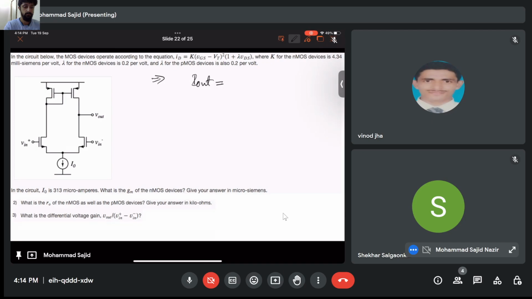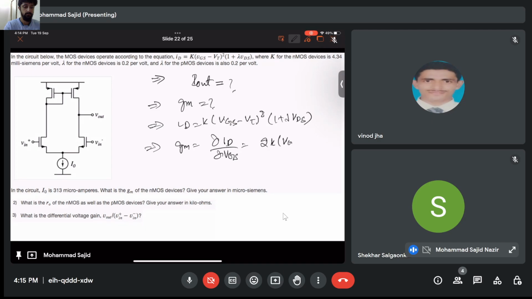Okay, first let's take the first question. What is the GM? ID is K times VGS minus VT whole square times 1 plus lambda VDS. Okay, so your GM is dID by dVGS. So that will be 2 times K times VGS minus VT times 1 plus lambda VDS.